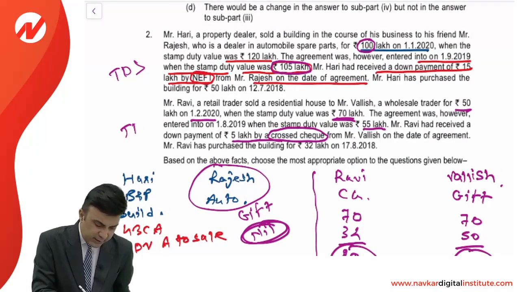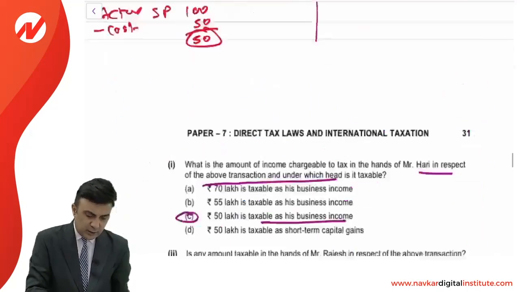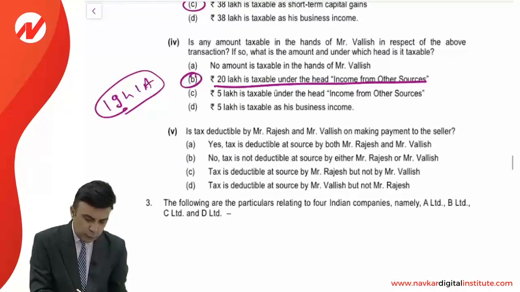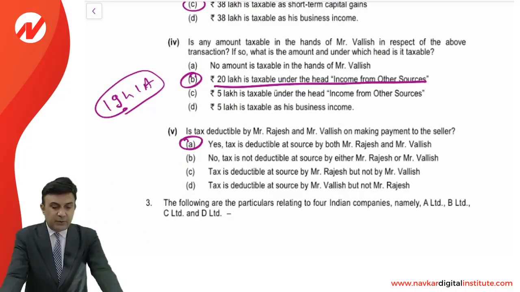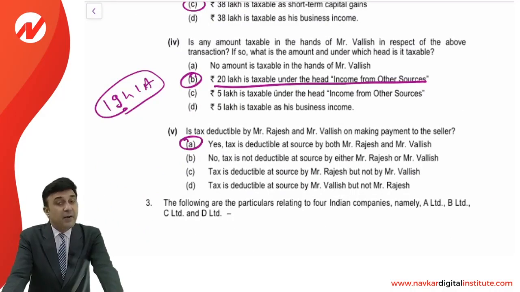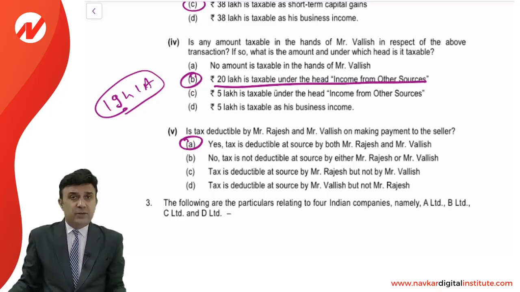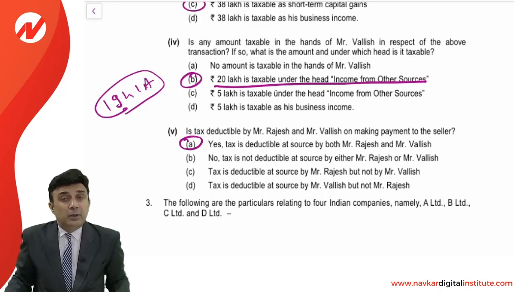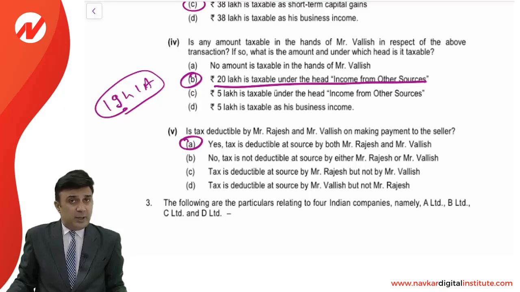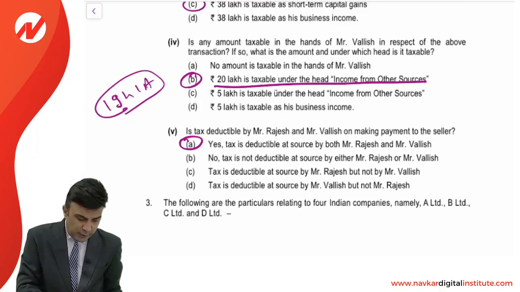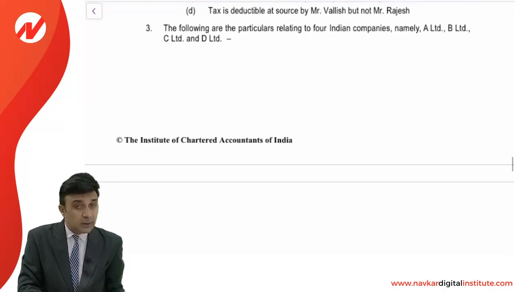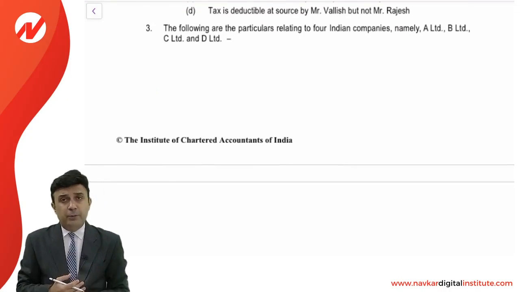Here it is sold at exactly 50 lakh. So yes, TDS would come. Your answer is going to be yes, TDS is required to be made by Rajesh and Valis both, because under 194 IA, 50 lakh or above consideration for the sale of immovable property would be subjected to TDS at the rate of 1%. So this is my third very important point.